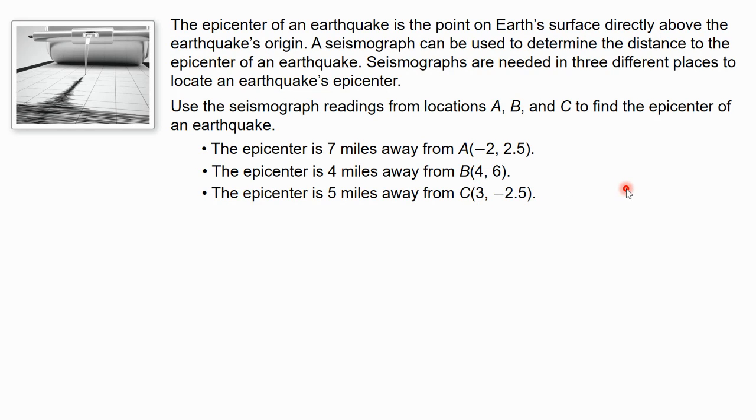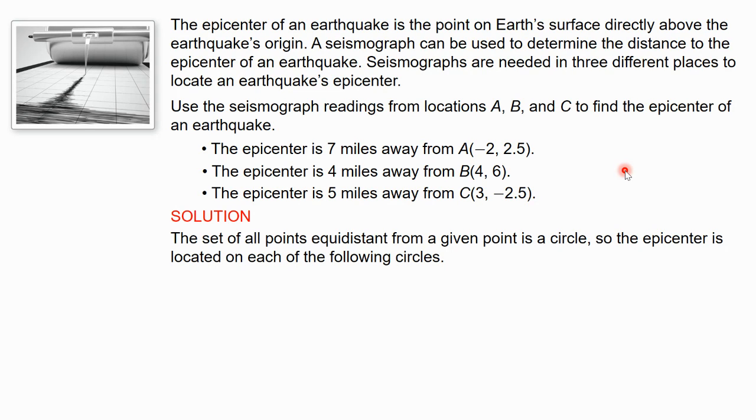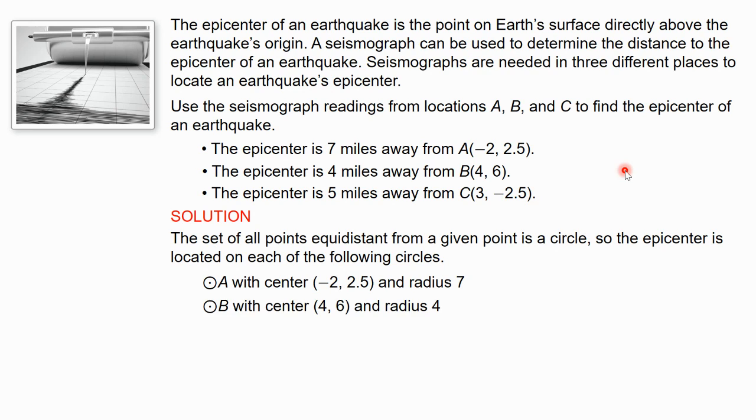So they're giving us information about the epicenter from point A, from point B, and from point C. So we can take those 3 pieces of information, right? Seismographs are needed in 3 different places to locate the earthquake's epicenter. So if these seismograph readings create circles, right? If you think about it, circle A centered at -2, 2.5 with a radius of 7, circle B centered at 4, 6 with a radius of 4, and circle C centered at 3, -2.5 with a radius of 5.